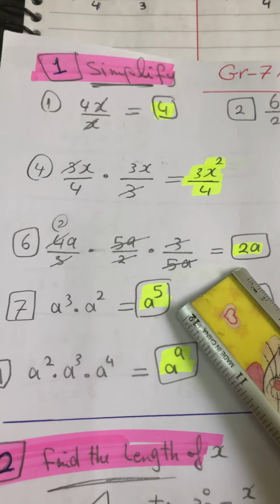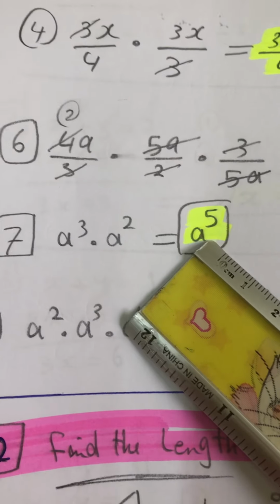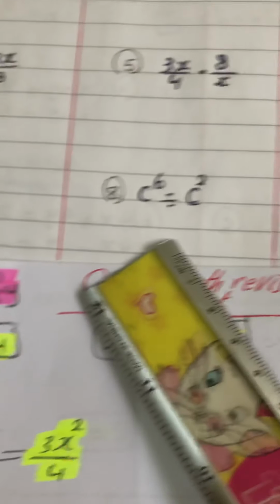In question number 7, multiplication. a cubed multiply a square, the same base, so it will be a and add the power. 3 plus 2 equals 5, like this. In number 8, division.